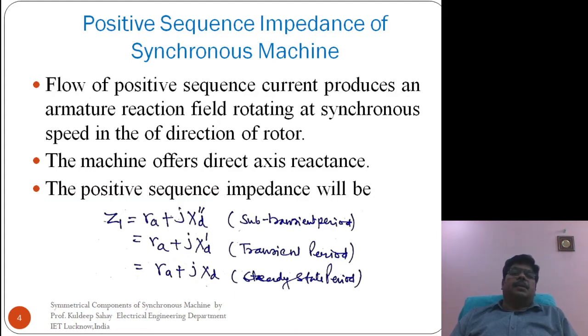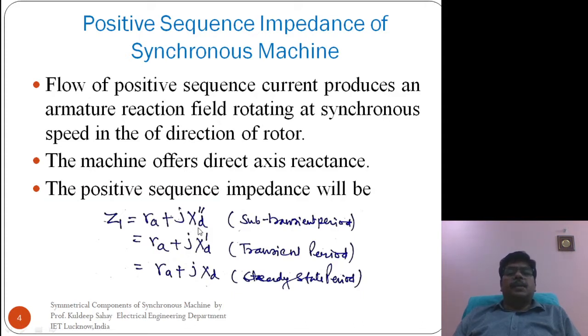In this condition, the machine offers the direct axis reactance, and this reactance, meaning the positive sequence impedance, will depend upon the armature resistance and corresponding reactances.